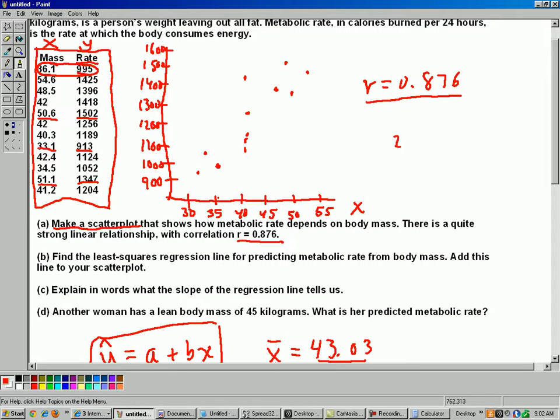Instead of the slope being 24 to 1, let's times that by 5. 24 times 5 is 120. Okay, that's a more useful slope as far as graphing goes. So every time x goes up by 5 kilograms, y will go up by 120 calories burned per 24 hours.